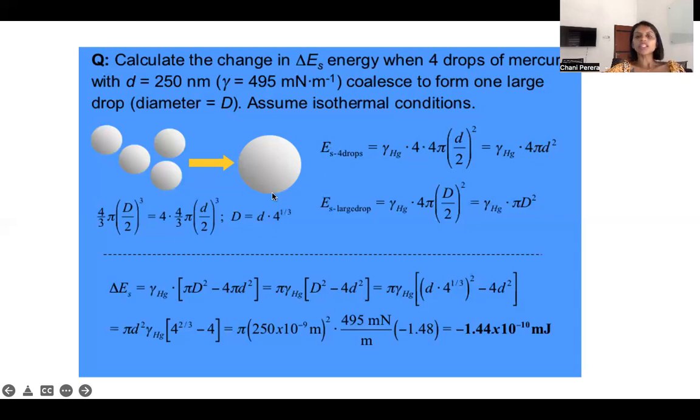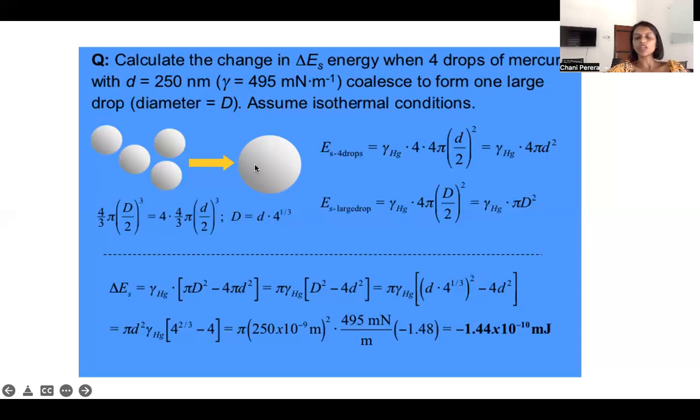And for the large drop, so we had droplets here, we have one large drop here. You know the diameter of the big drop, that's capital D. So you know this gamma here. So you can come up with an equation in terms of capital D for the total energy of this large drop. Right. So let's keep it aside, and then we can find a relationship between simple D and capital D in terms of volume, because these 4 droplets come together to form the big one.